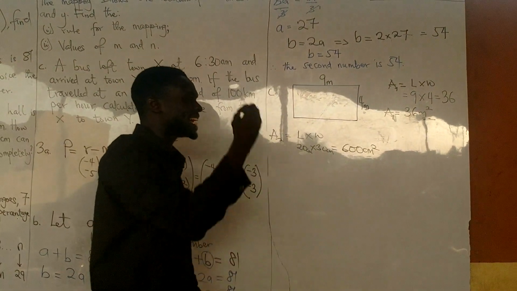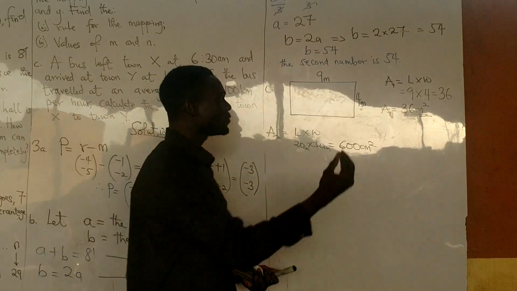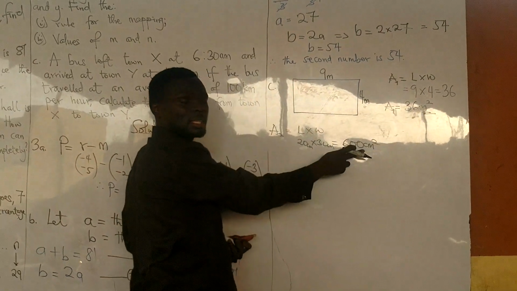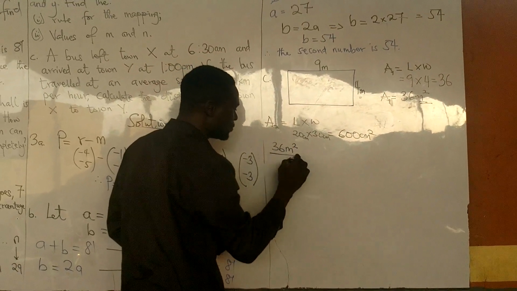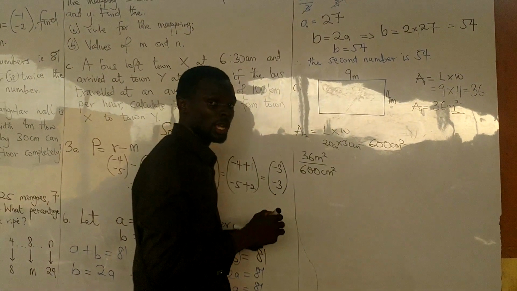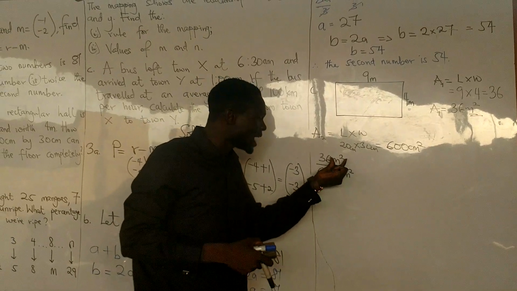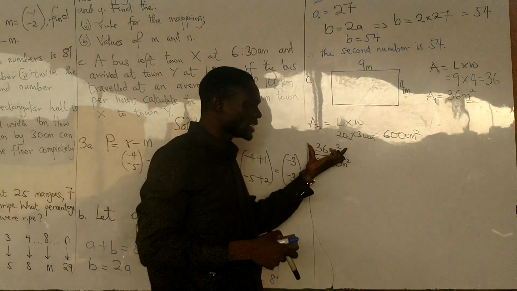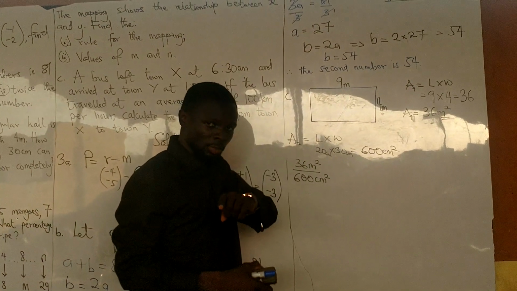So for me to know the number of tiles that can fill in this rectangular hall, I have to divide this area by this area. So I'm going to say 36 meters squared divided by 600 centimeters squared. Now we can't divide this because they don't have the same units. So I am going to change this one to centimeters to make the calculation possible.